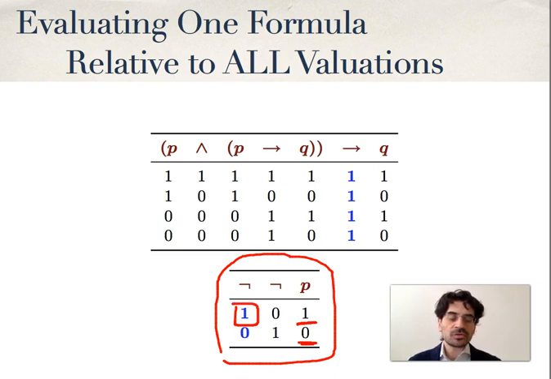And this follows from the truth table for the negation. We know that negation inverts the truth value. So if P has truth value 1, then not P will have truth value 0, and not not P will again have truth value 1.